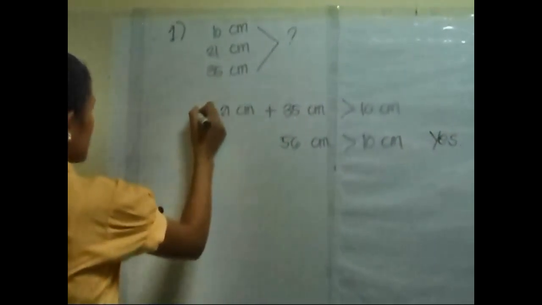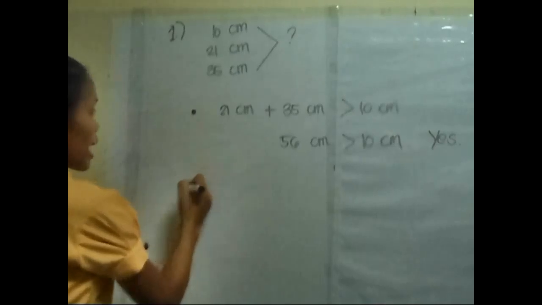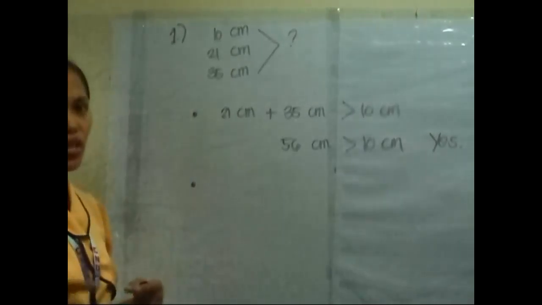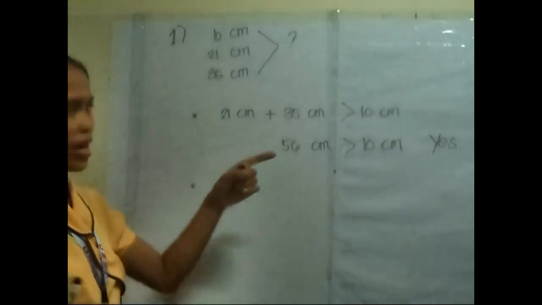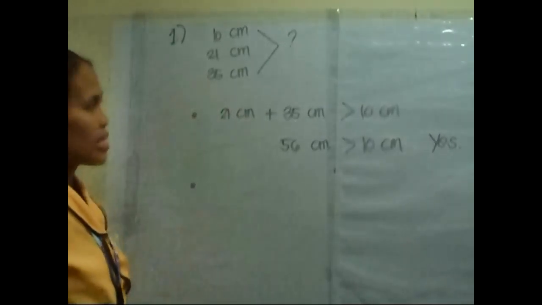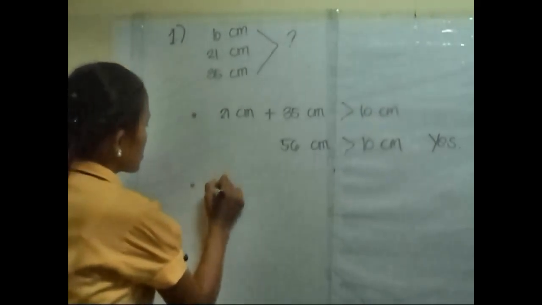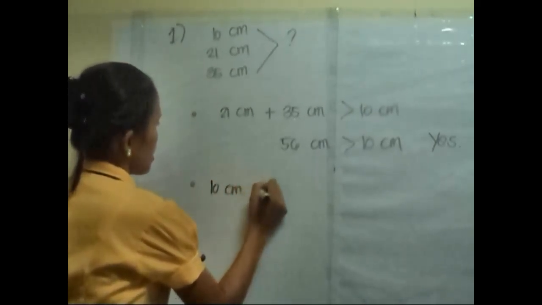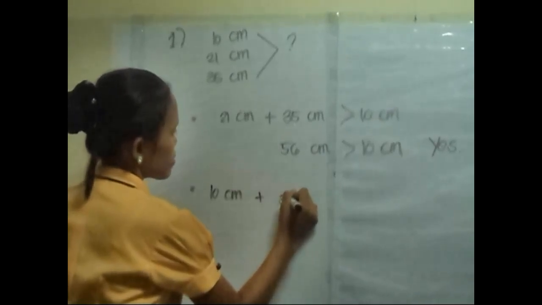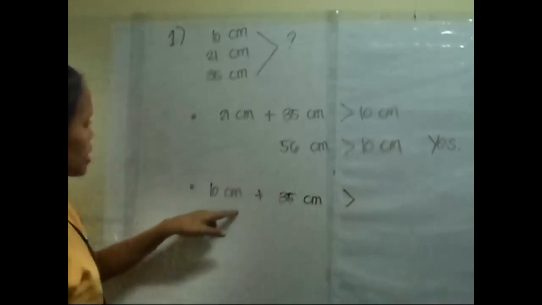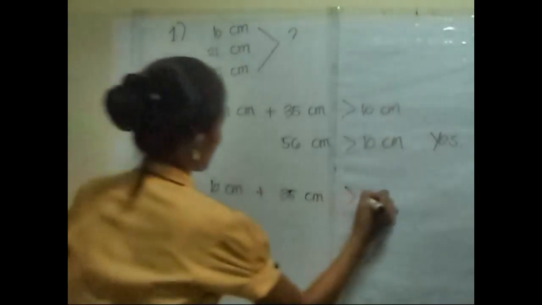Next, we need to check the other combinations of the 3 sides. Next, we already have 21 and 35. Let's have 10 centimeters plus 35 centimeters. Is it greater than the third side, which is 21 centimeters?